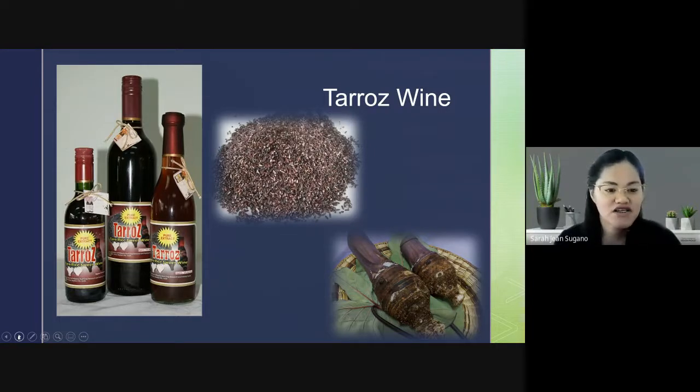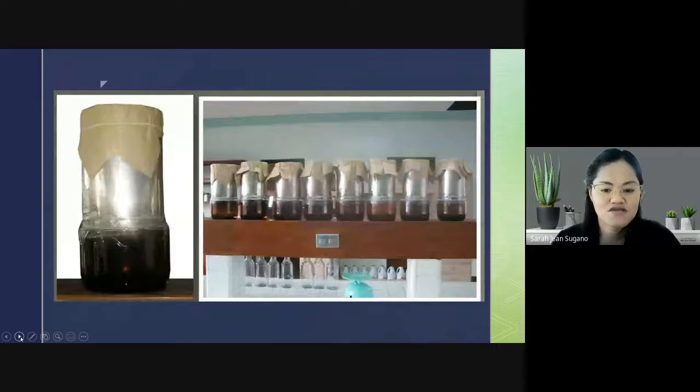There were many available bottles during the anniversary when classes were still face-to-face. I don't know the availability of this taro wine now; it's probably on a pre-order basis. So that's one of the products.